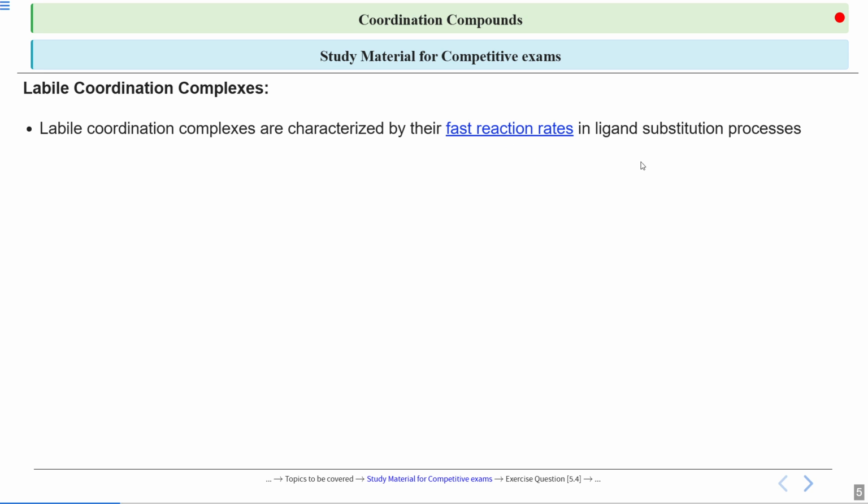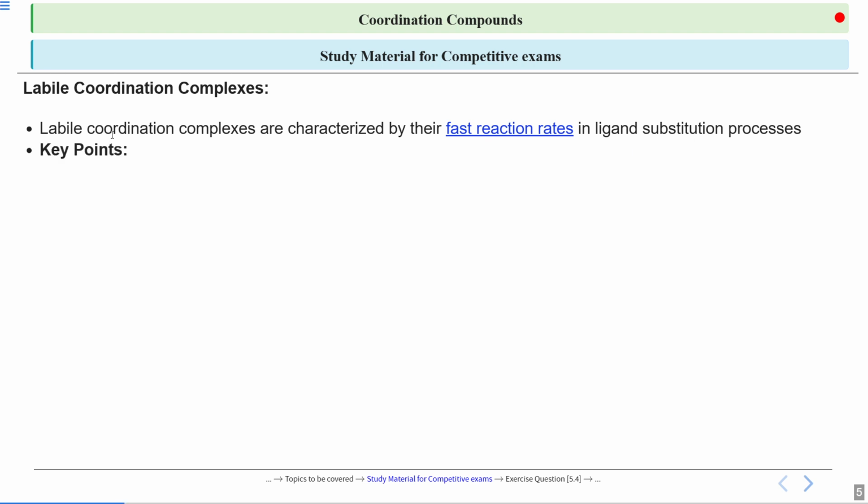So in the processes that include ligand substitution, where a ligand is being added or removed, substituting into the complex, the labile coordination complexes are characterized by their fast reaction rates. That means these coordination complexes are reactive, and their reaction rate is faster in ligand substitution processes.